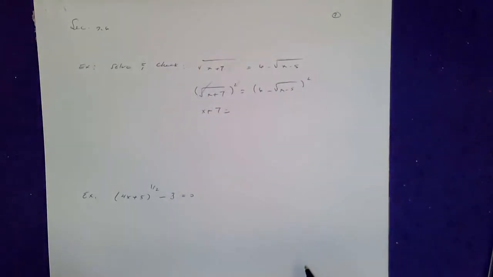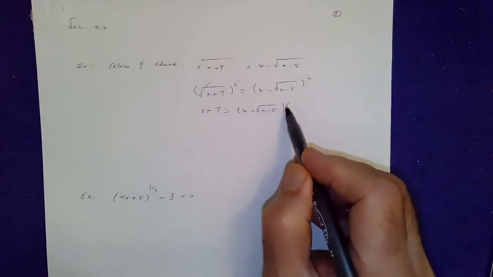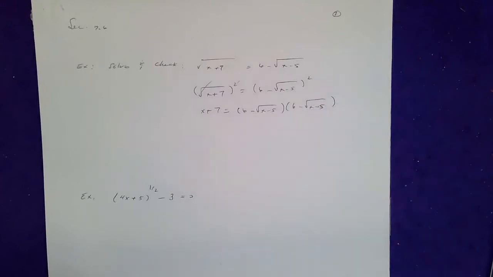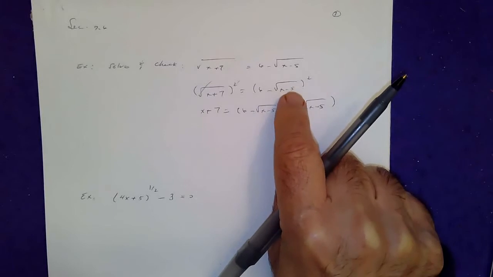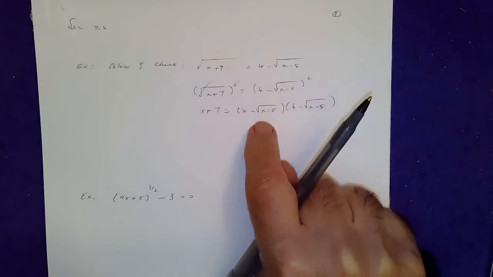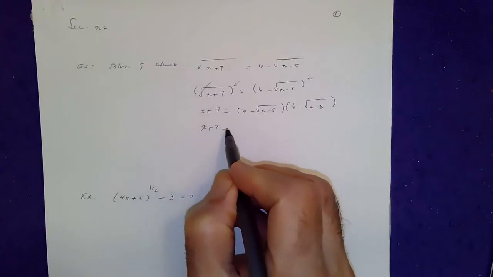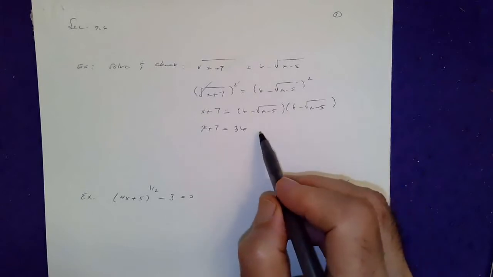But the right side is not quite easy because that's 6 minus the square root of x minus 5 times itself twice. So the radical sign does not wipe out the radical here because you got a subtraction. So you got to multiply these guys out. When you do and you FOIL this, you get what? 36, what?